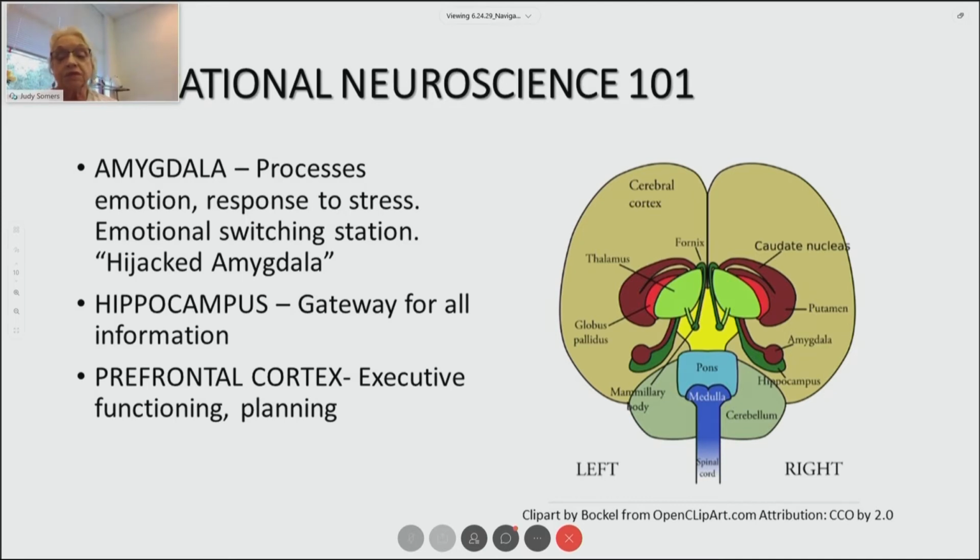The amygdala is a very small almond-shaped piece, two of them, one on each hemisphere of the brain, and this is where information is processed. As the data comes in, it goes to the amygdala, which then decides whether it should go either to the prefrontal cortex, which is where we plan and think and do the executive functioning, or into the brain stem, which is where we get the fight-or-flight responses.